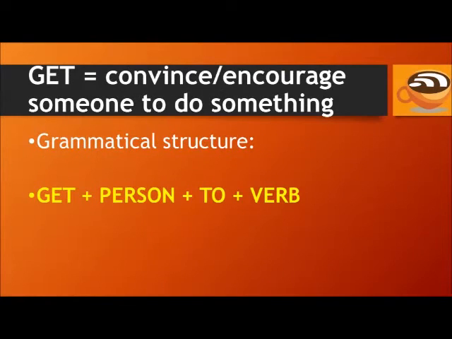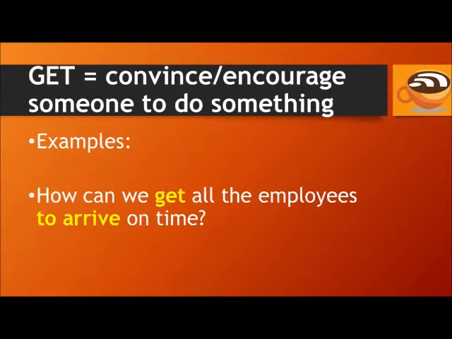We can also use the verb get to mean convince or encourage someone to do something, and the grammatical structure is get plus the person plus to plus the verb. For example, how can we get all the employees to arrive on time? In this sentence, the word get means to convince or encourage the employees to arrive on time.